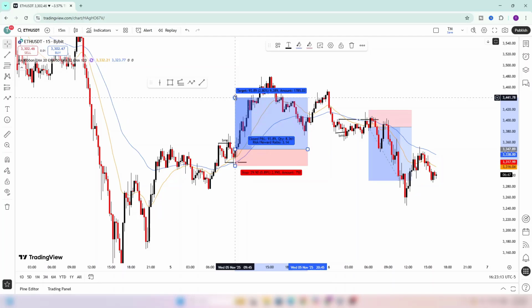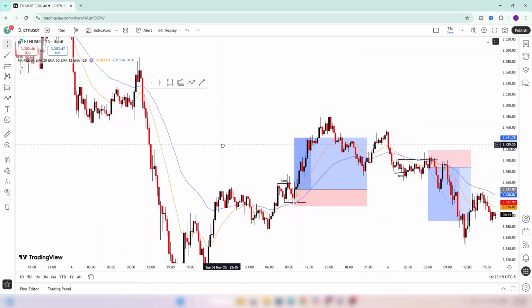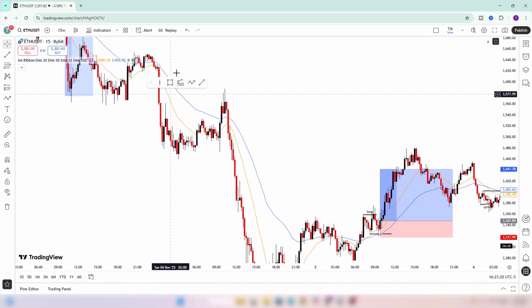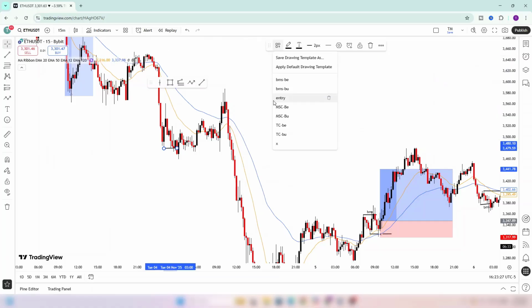You see what I told you, and how it is being performed in the market. I also skipped this setup, and if you notice at this point in time in Ethereum also, this was a bearish scenario, and there was a bearish break of market structure.